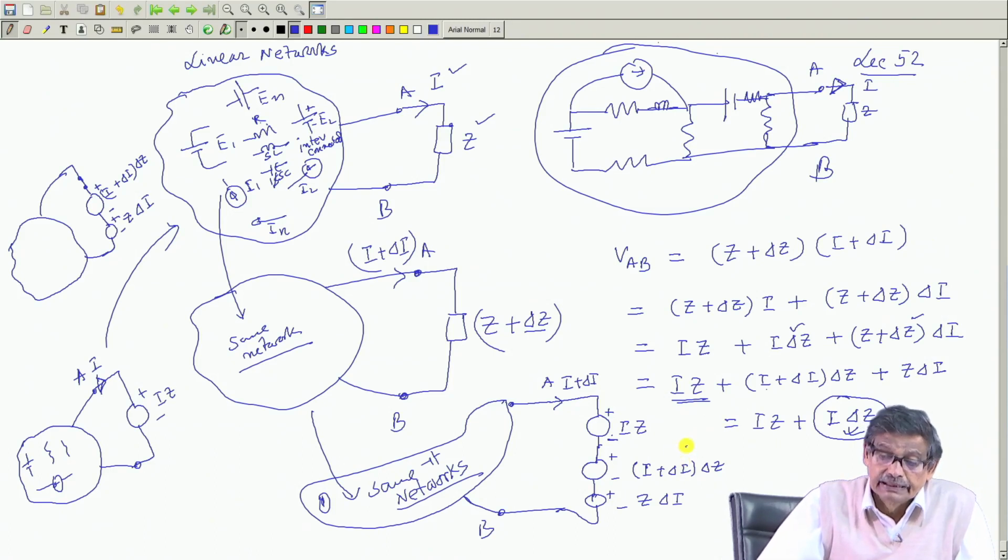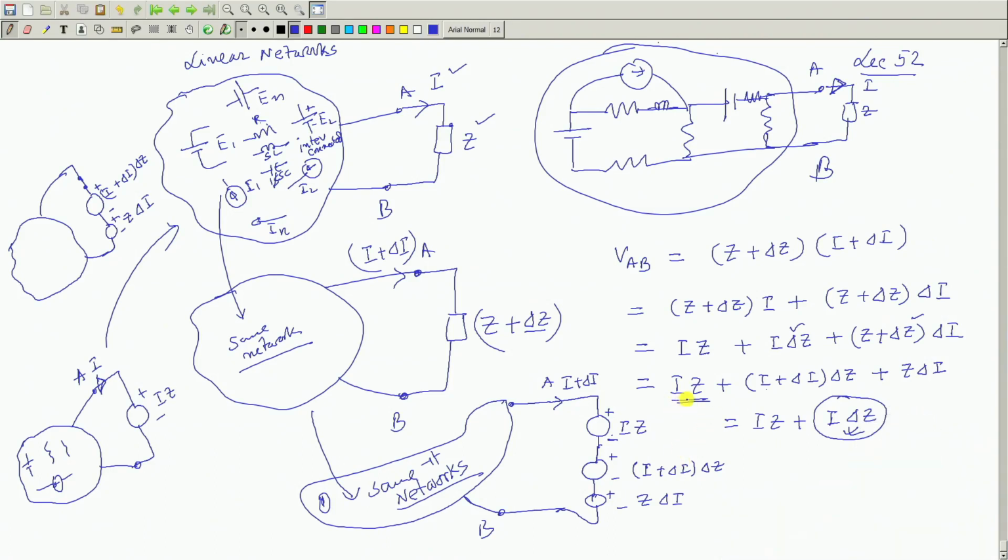Then I say that there are now these three sources. So, this Iz can be replaced by a voltage drop battery of Iz magnitude with this polarity. Why this polarity? Because the current was entering like that. Similarly, the other two sources. Now, all these sources are present and Iz is present, these two sources are absent.